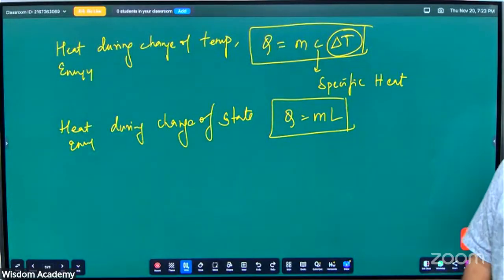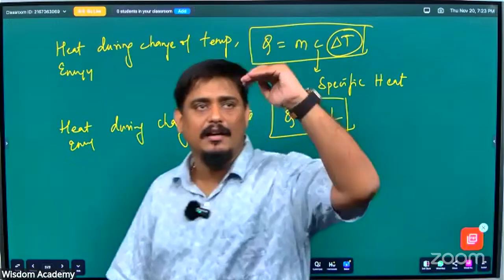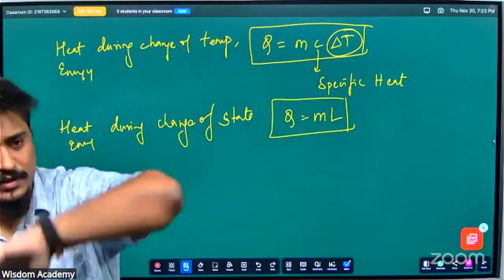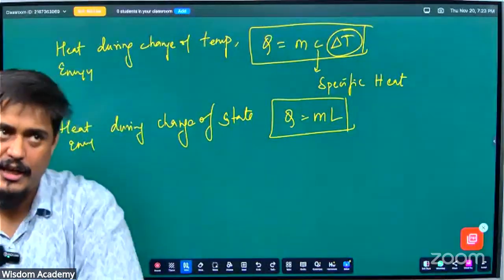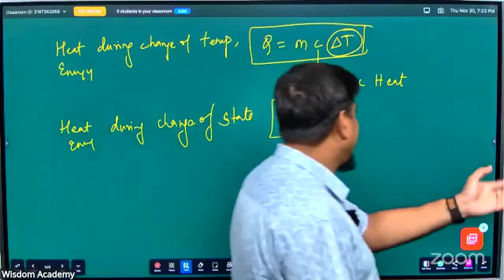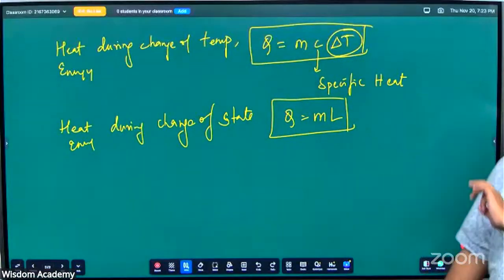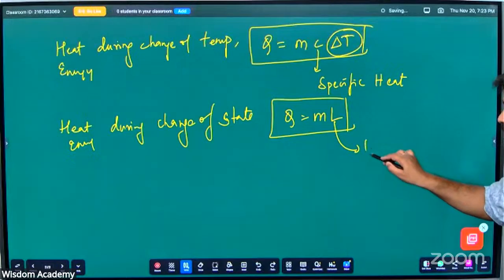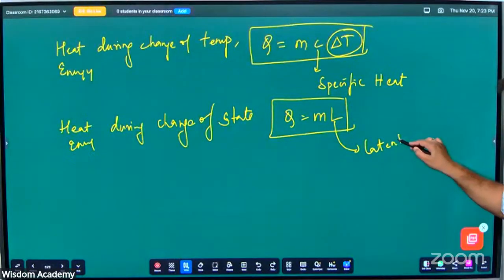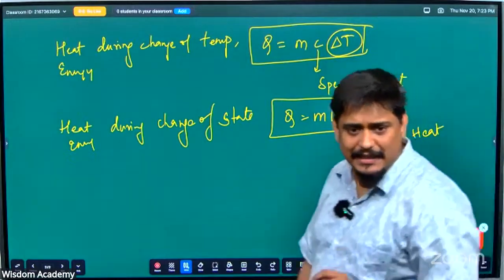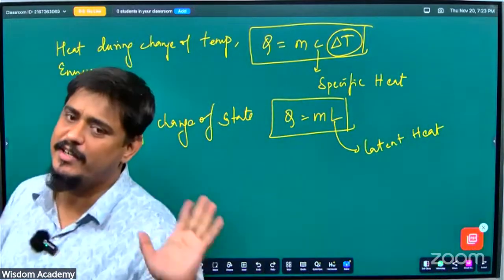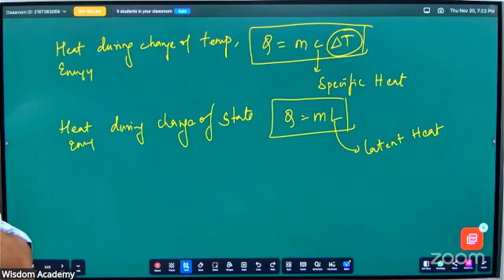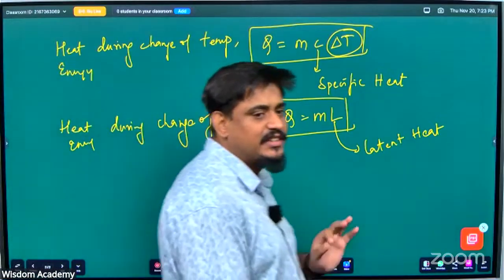If it is fusion, you are changing from solid to liquid, it will be mLf. If it is going from liquid to vapor, it will be mLv. So latent heat is different for different materials. They will give the value of this. If you multiply it by the mass of the substance, you'll get the energy required to change its state without changing the temperature.